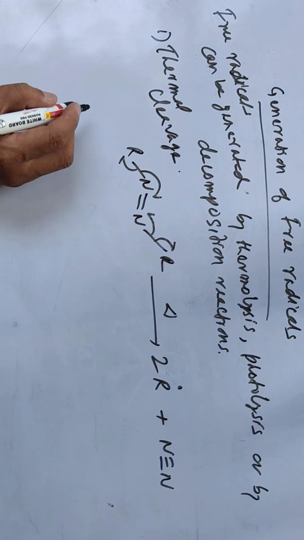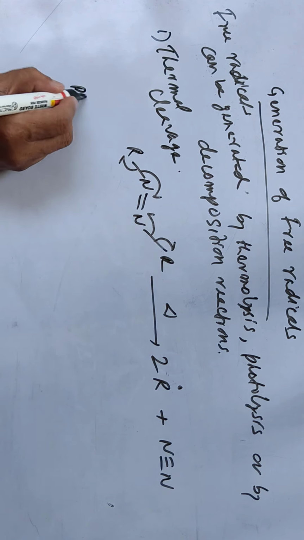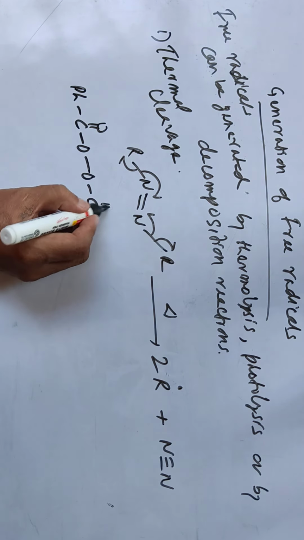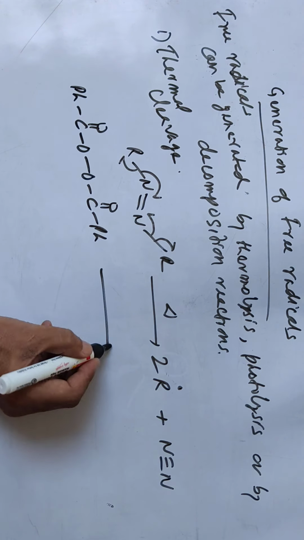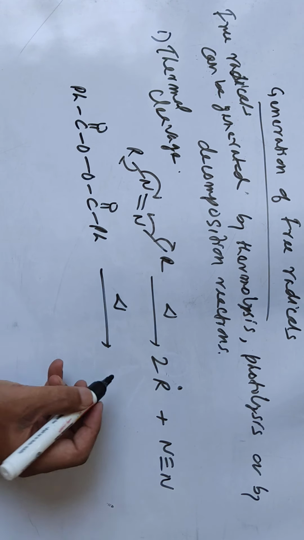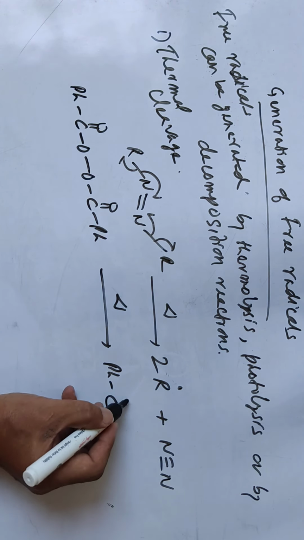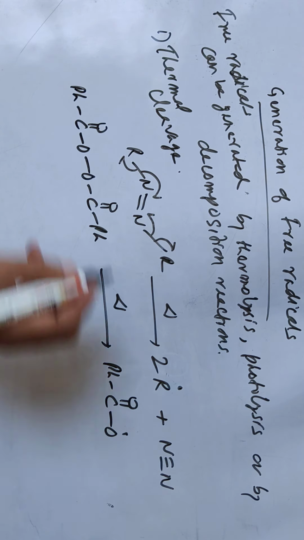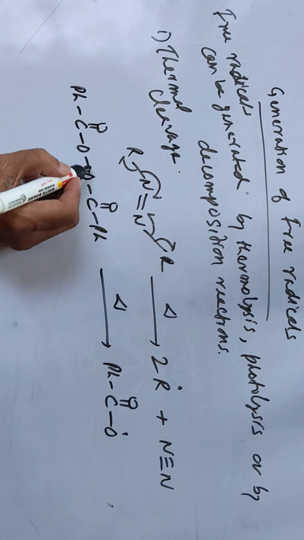Another example is benzoyl peroxide, phenyl COO peroxide, by heating at high temperatures. So you can give phenyl COO radical, and the other one will go like this.